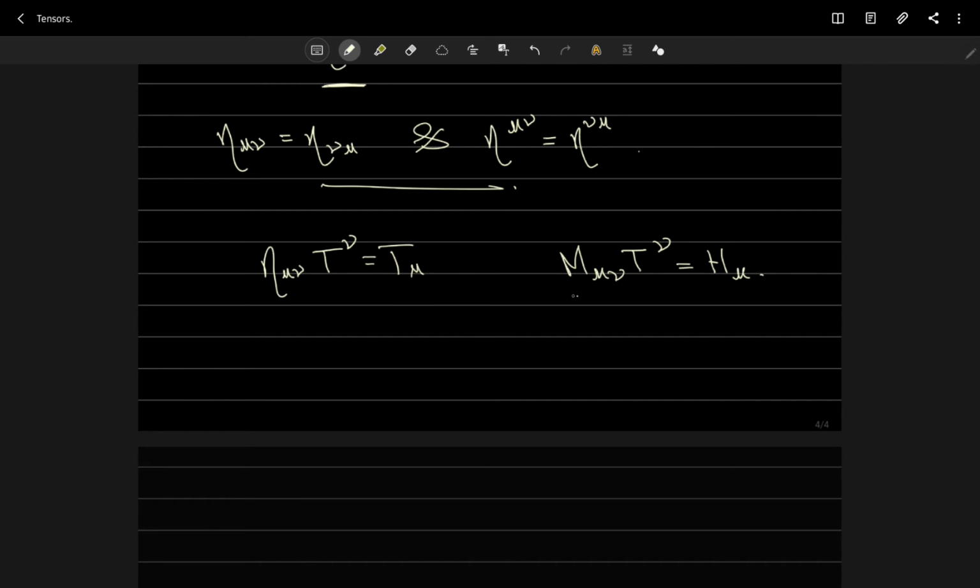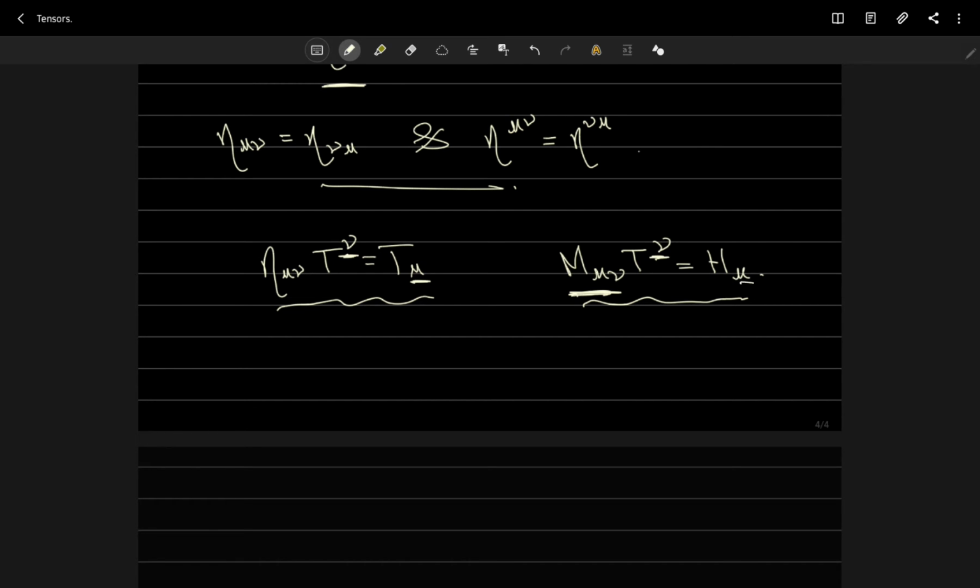Now over here, this is a tensor, and in both of these cases, you can see that the upper nu index dropped to a mu index, right? You can see that, right? This upper nu index had dropped down to a mu index.